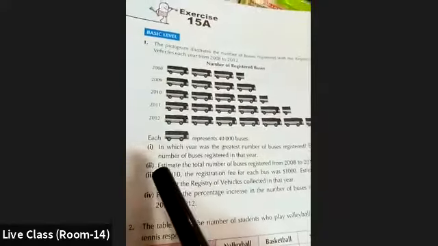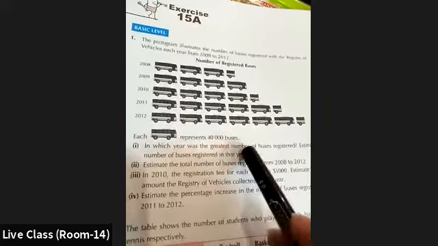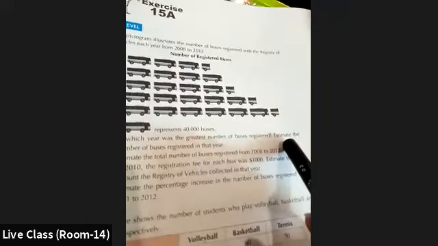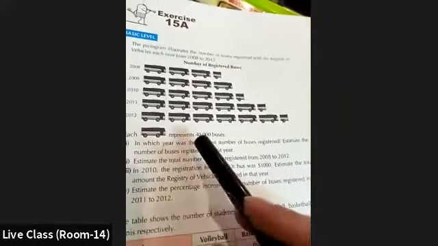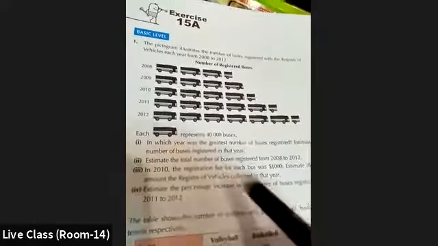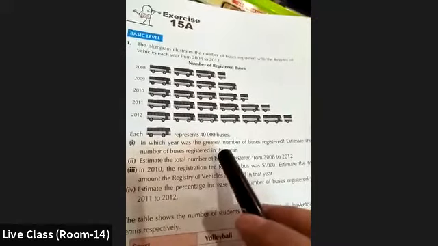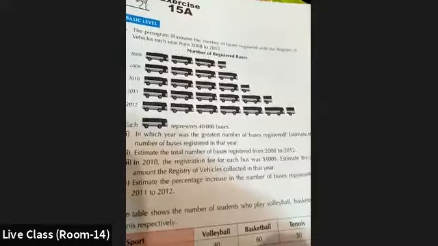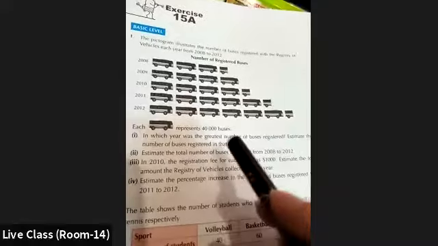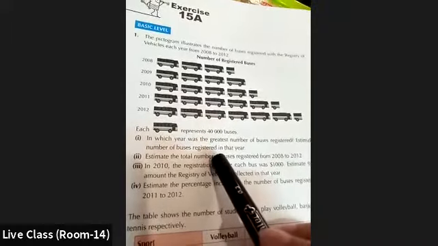In which year was the greatest number of buses registered? Estimate the number of buses registered in that year. Can anyone tell me in which year the number of buses registered is the greatest? Yes, Sana? Miss, 2012. Okay, and how many buses are there? Can you please count this?